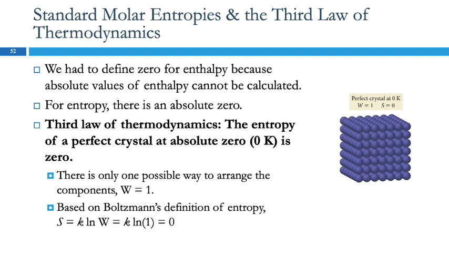Those particles are not even vibrating, right? All of these are arranged in only one way, and they're all at 0 energy. And so we can say that that has 0 entropy, and we will measure from there.